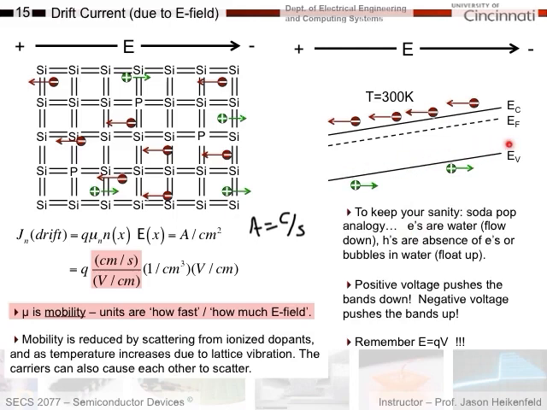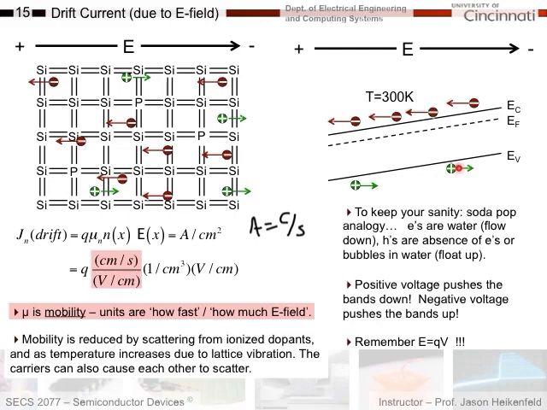If it's tilted this way, the bubbles float up to their minimum energy against the valence band, and then they travel in this direction, just like you would expect a bubble to do. Furthermore, the negative side pushes the bands up, and we expect positive charge to go towards the negative end. So anytime we're doing band diagrams in this course and talking about drift current, try to remember this soda pop analogy, where the electrons are the water and the holes are the bubbles in the water.